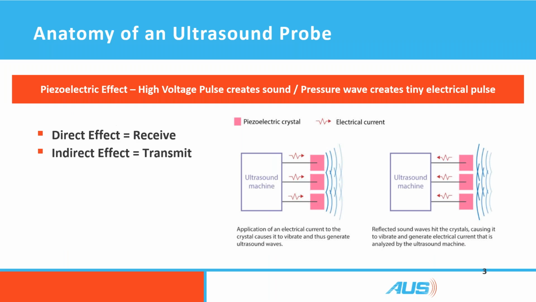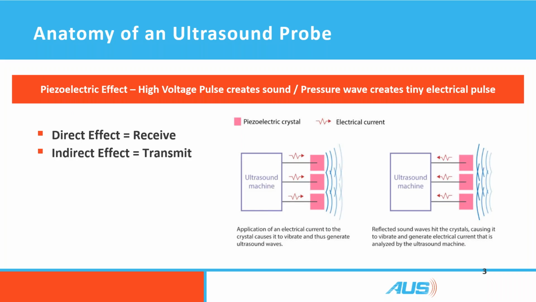To do this, we use what we call the piezoelectric effect. The piezoelectric effect is one of the unusual things that occur in nature. We discovered this a long time ago with Madame Curie, and they discovered that quartz had an unusual characteristic, if you will.